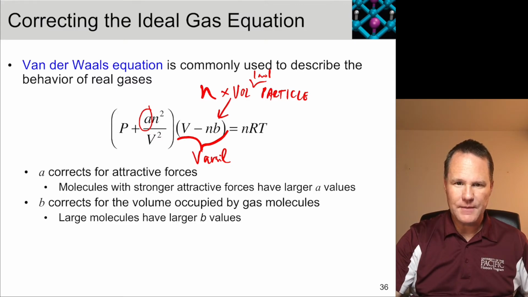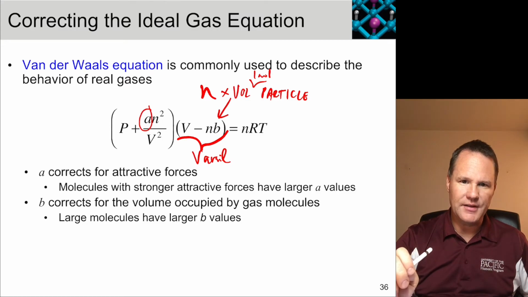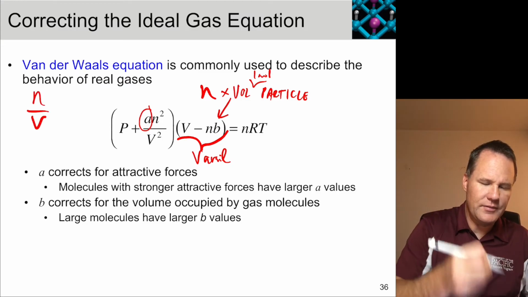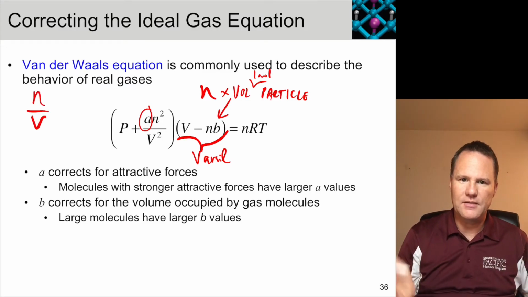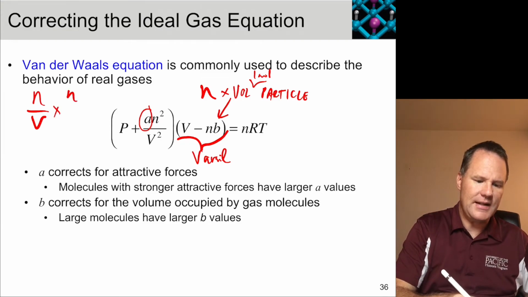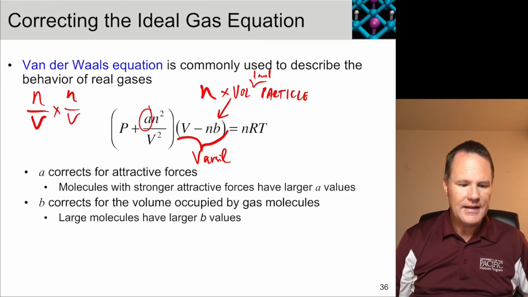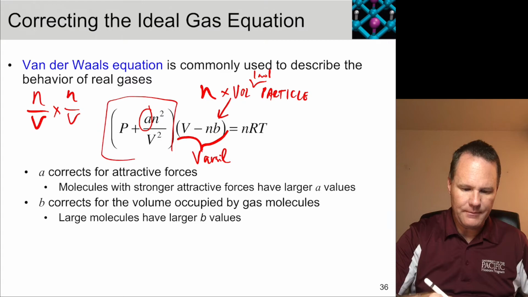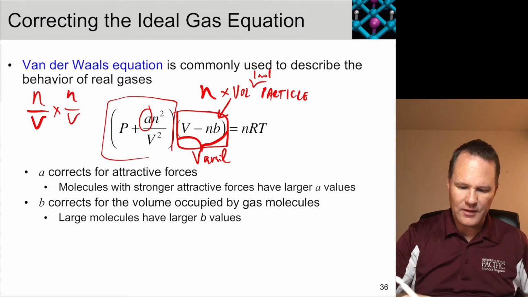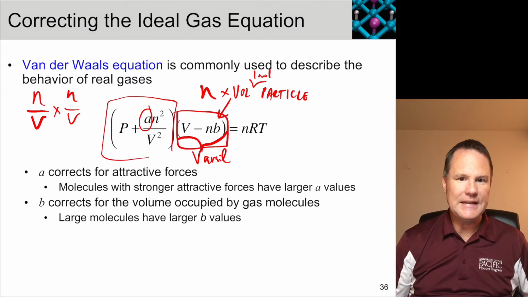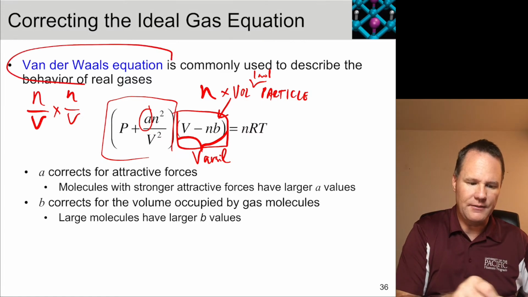Since you need 2 particles for the interaction, it will be n over V for 1 particle, how many particles per volume, and then for the second particle it is also n over V. So we have n squared over V squared times, again, some factor. And so you put that into the pressure expression, and since we have already done the correction for the available volume, now we simply have a corrected, a more accurate gas equation, and we call it the van der Waals equation.